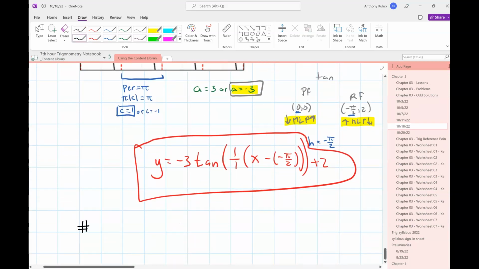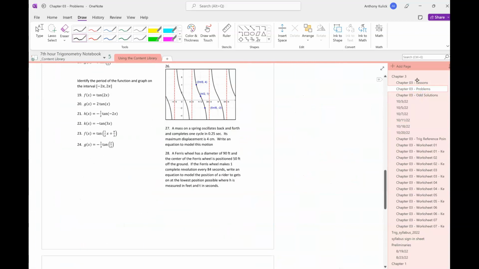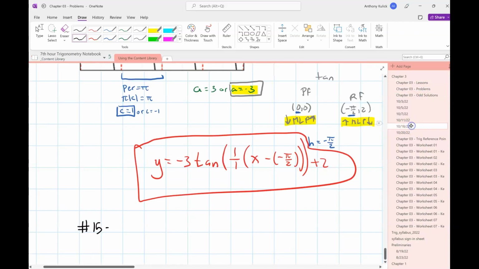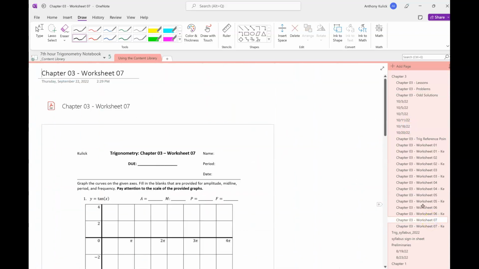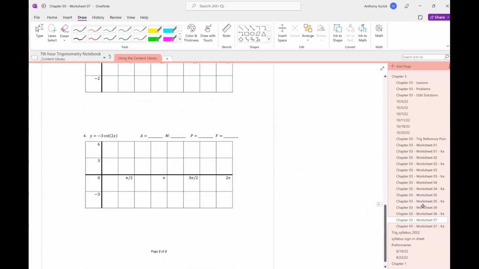So next time we can do 15 to 26. And we should be able to do worksheet 7, numbers 1 and 3.